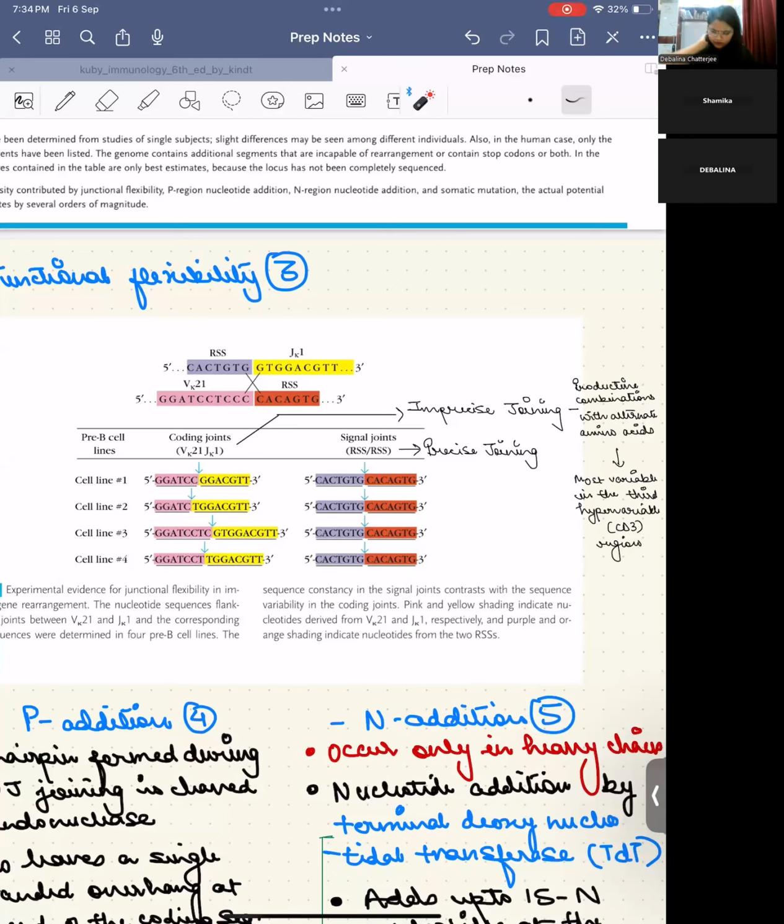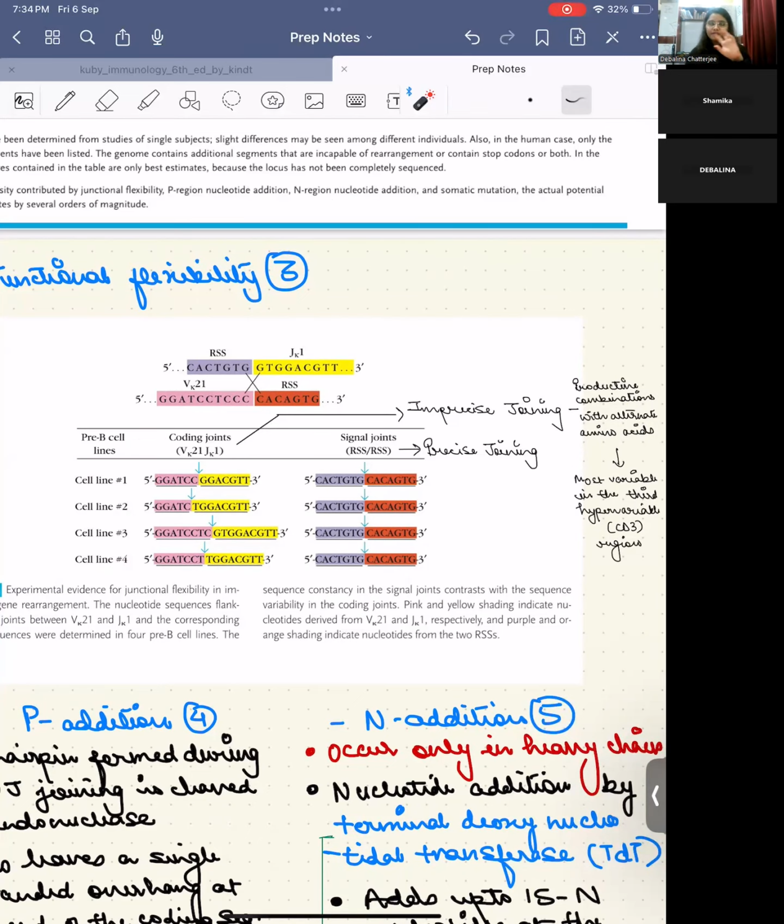And we have another possibility of joining of the signal joints together. Signal joints in most cases, because deletional recombination is more frequently found, and in deletional recombination, the signal sequences are joined together and spliced off, right? So we are only left with the coding joints there.